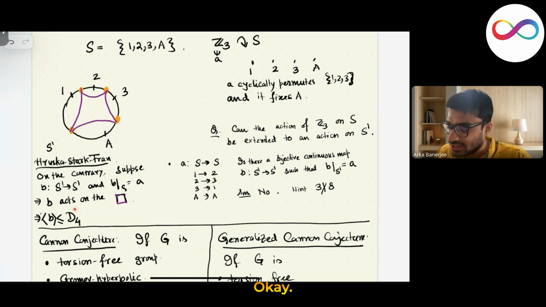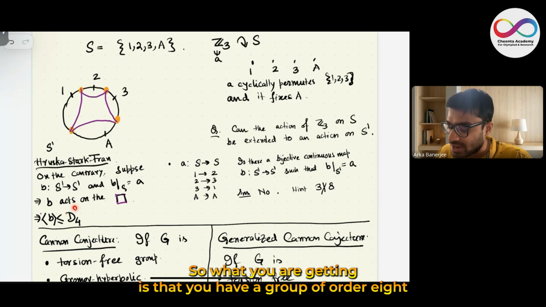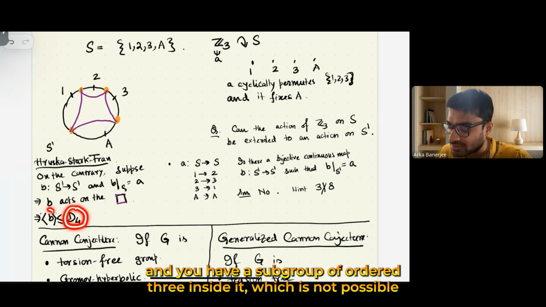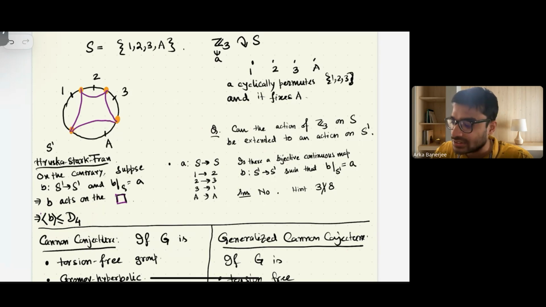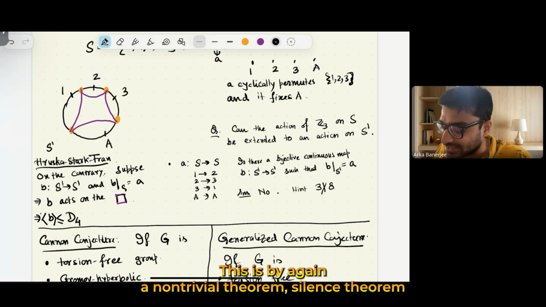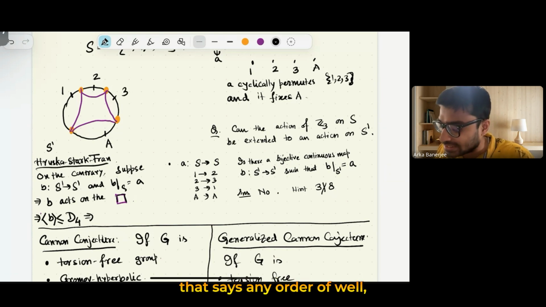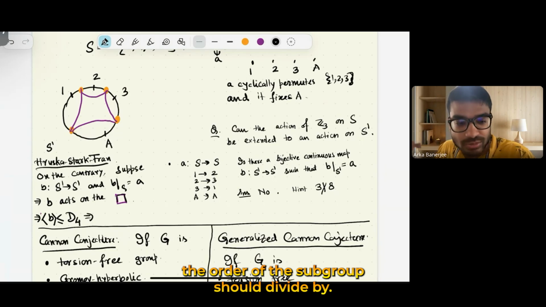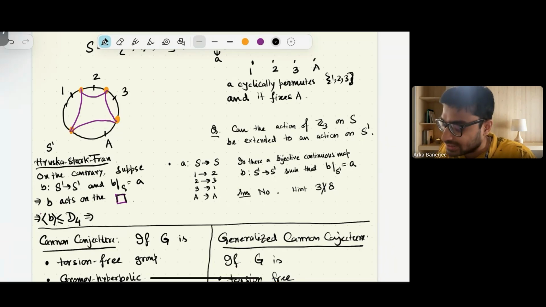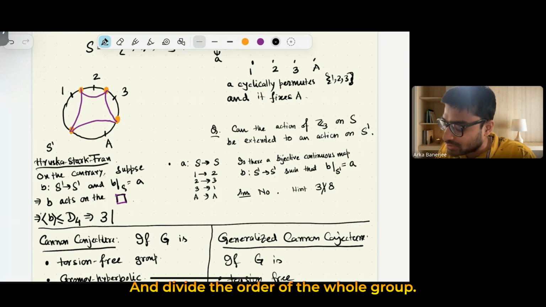So you have a group of order 8 and a subgroup of order 3 inside it, which is not possible because the order of a subgroup should divide the order of the whole group.